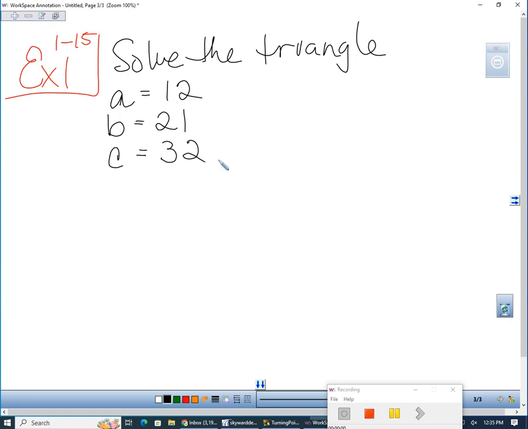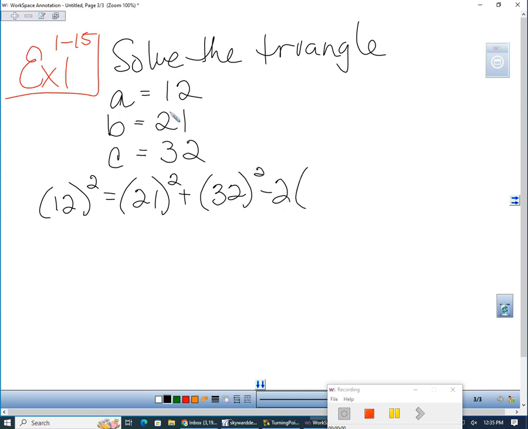A. Okay, so that means we're going to use the top equation that we just wrote down on our card. It starts with a squared. So we have 12 squared equals b squared plus c squared minus 2 times b times c cosine of A. The problem is that this whole thing right here is your coefficient on the cosine.